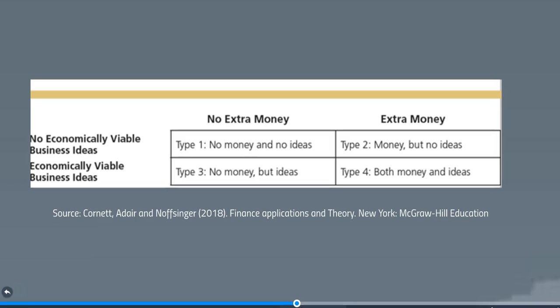Type 2 participants are those who have extra money but do not have any economically viable business idea. Type 3 participants are those who do not have extra money but have economically viable business ideas. And type 4 participants are those who have both extra money and economically viable business ideas.